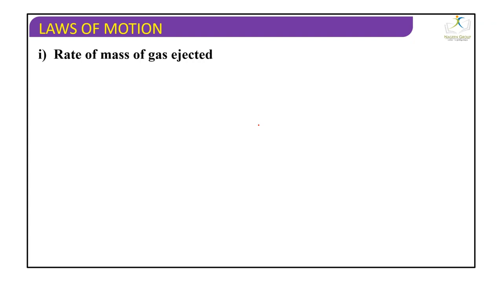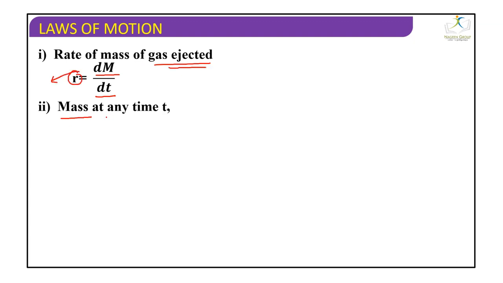So the rate of mass of gas ejected we can say R is equal to dm by dt. What is R here? Rate of mass of gas ejected. Mass at any time t, m is equal to m naught minus Rt.